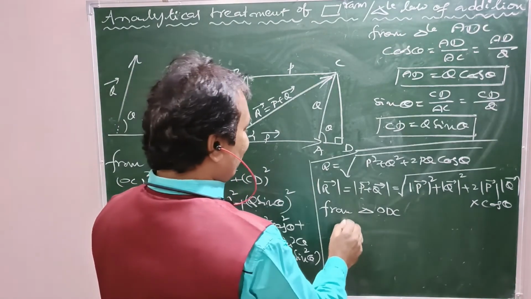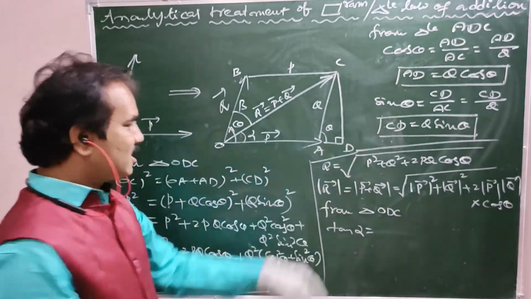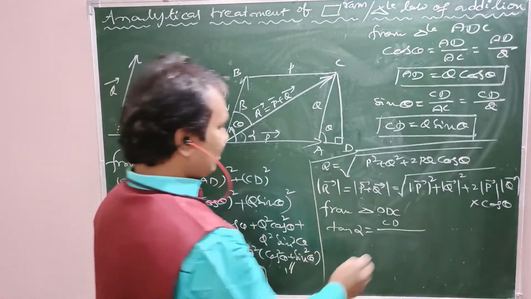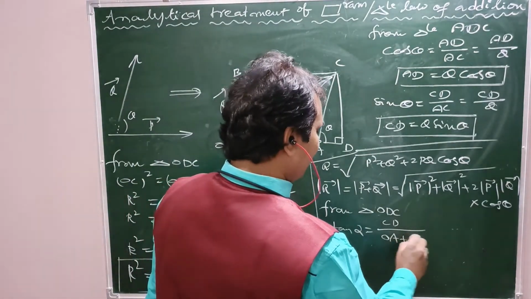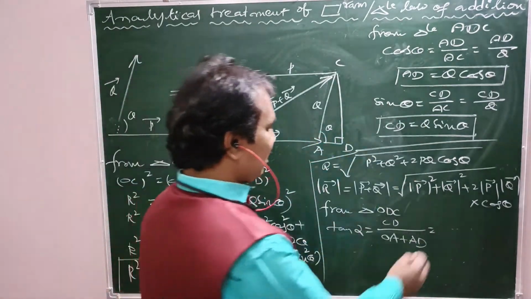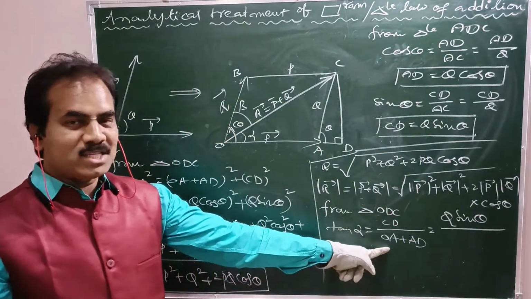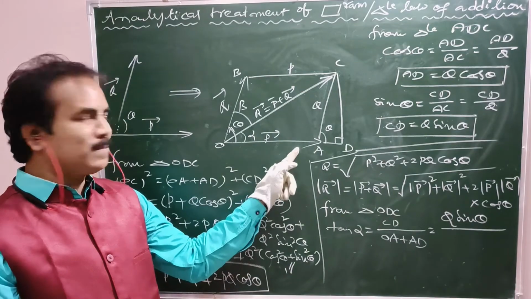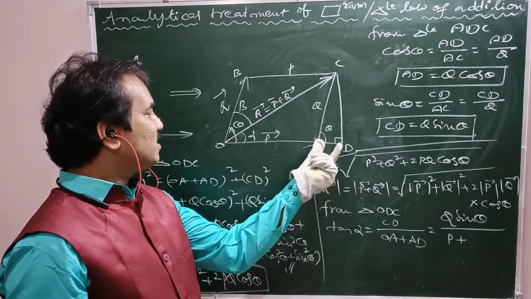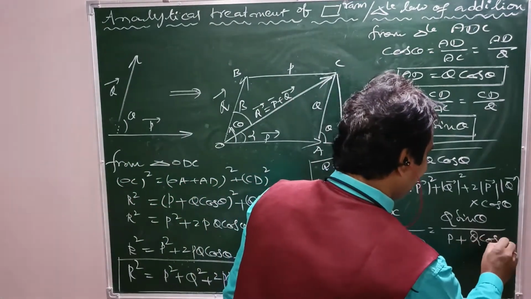That is tan alpha equal to opposite side CD by adjacent side OA plus AD. What is CD here? CD means Q sin theta. Q sin theta divided by, what is OA? OA means P. OA bar means P bar, OA means P only. That is P plus AD. AD means from here to there, AD means Q cos theta. That is Q cos theta.